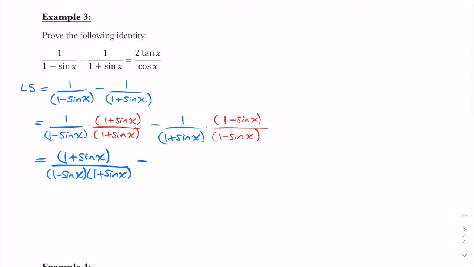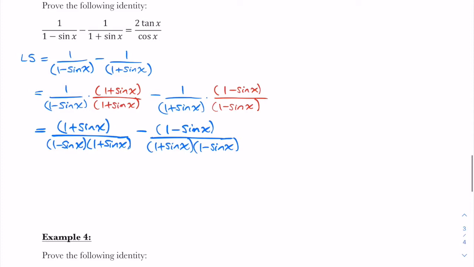We may have to later, but we're going to keep with the same rules like we did before. As for the other fraction, we multiply numerators and denominators as well, so that gives us 1 take away sine x over 1 plus sine x multiplied by 1 minus sine x. Alright, so now that we have the same denominators, I'm going to write this as one big fraction.